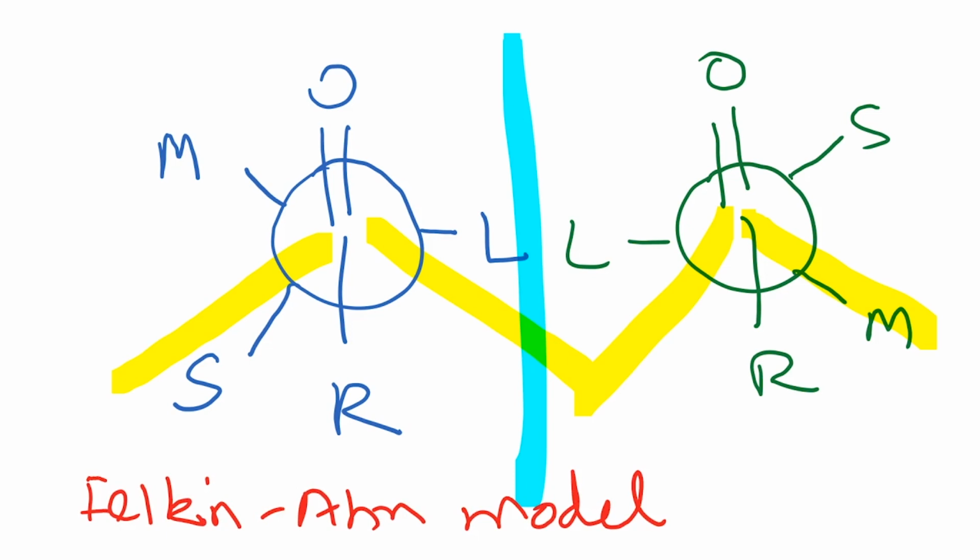This is the most reasonable and well-studied model which helps us understand additions to carbonyl compounds. It has been figured out using a lot of experimental data, and therefore this is the model that we would recommend that you follow to predict the major product.